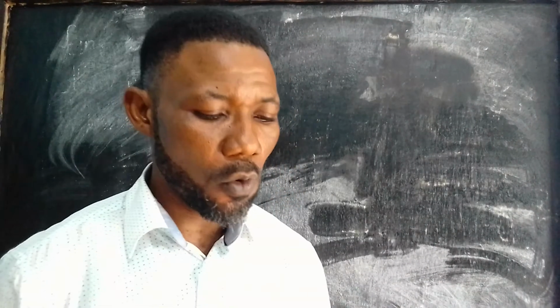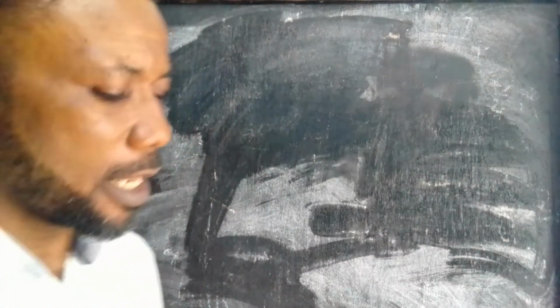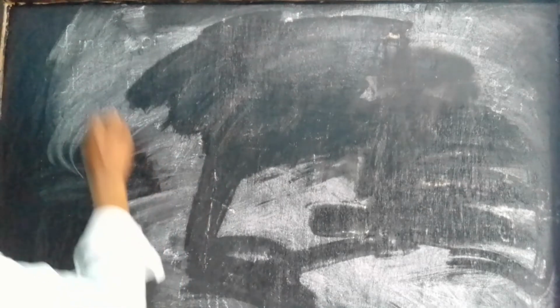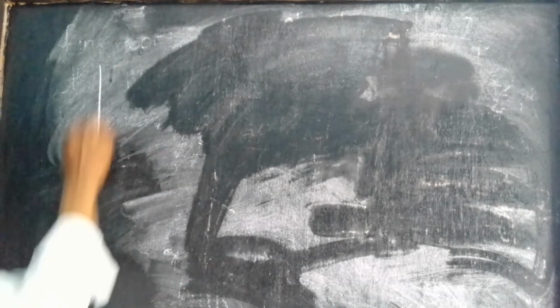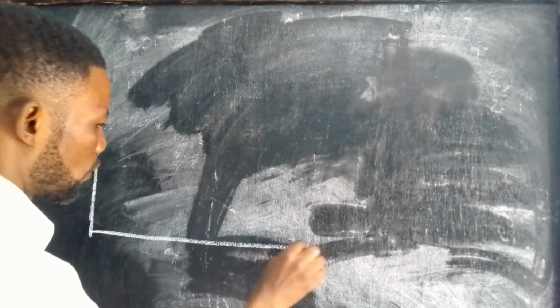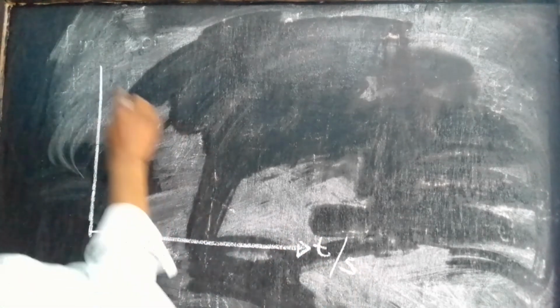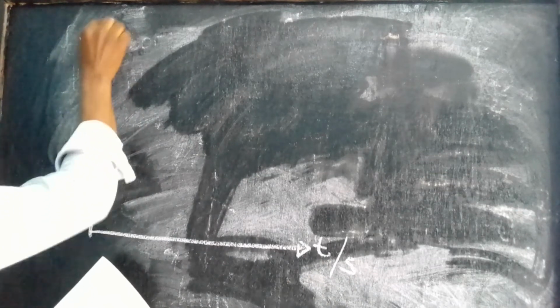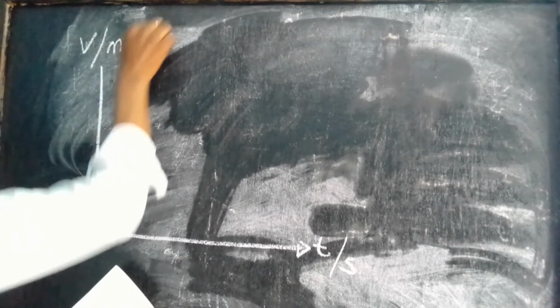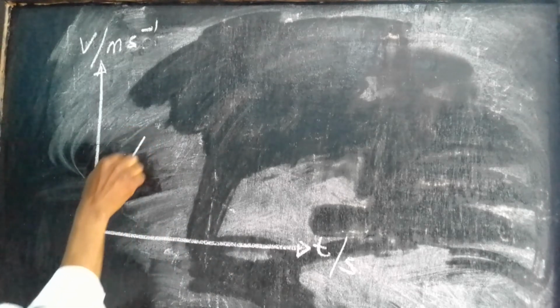Figure 3.0 shows the velocity time graph for a cyclist in a race. This is the time in seconds. This is the velocity in meters per second.